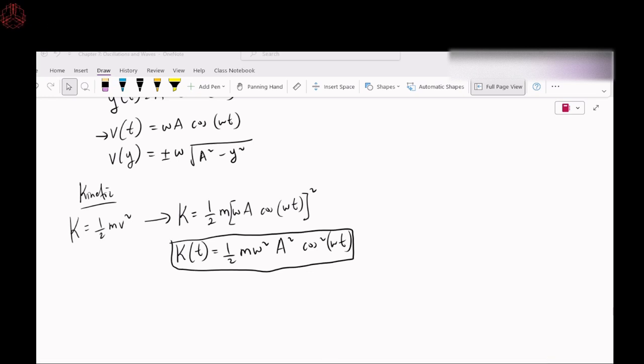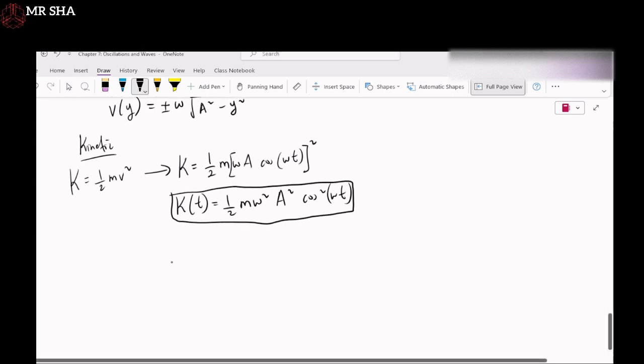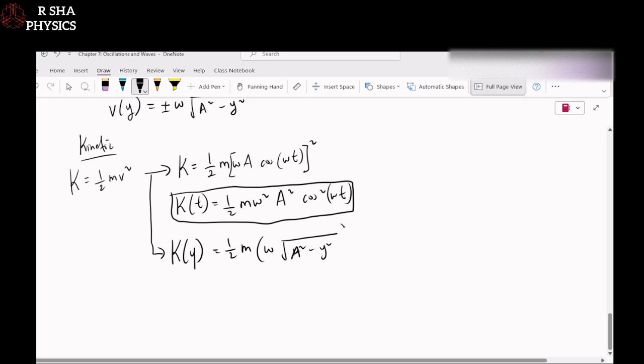What else do I need to do? Well, I can also find my kinetic energy equation as a function of displacement. That would require me to substitute instead omega times the square root of A squared minus y squared. I need to square that.